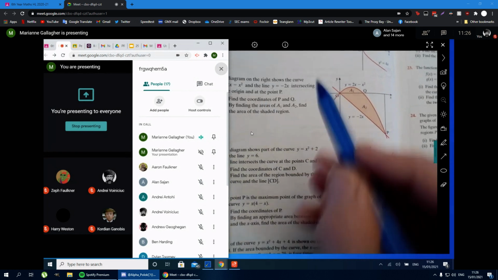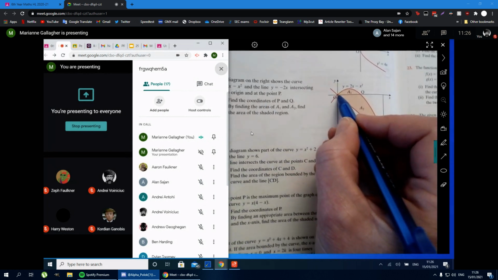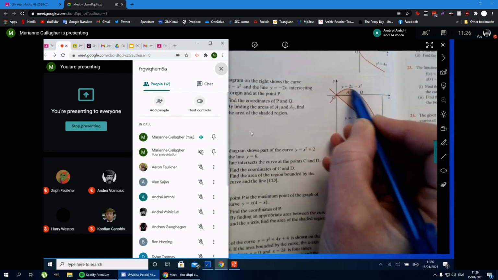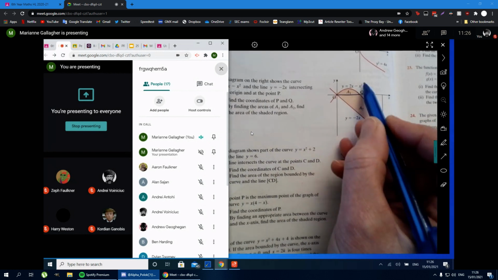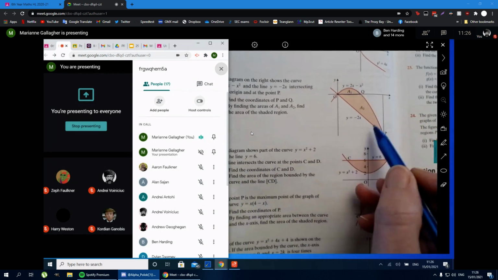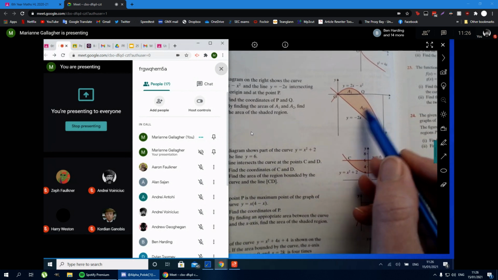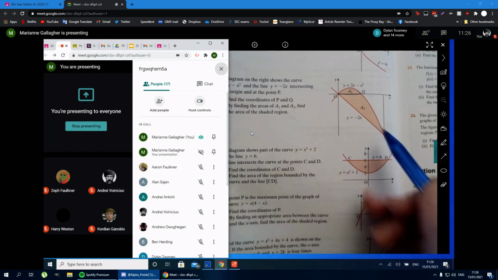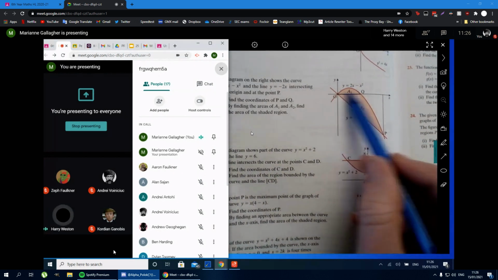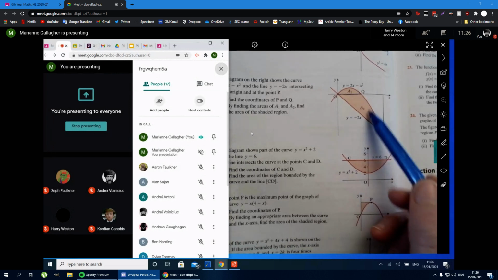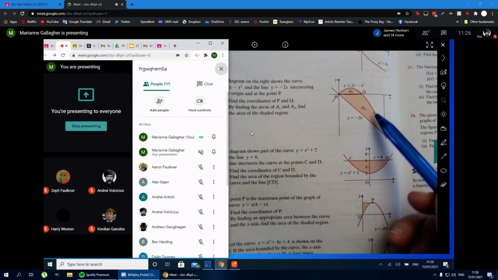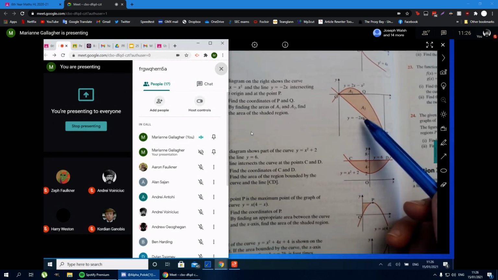To find A1, you're only worried about the red curve here. So you're just doing a normal integration of this line from here to here. Then when you go below the axis, you're getting the difference between them. Does that make sense? Yeah. Okay, so do A1 normally with one curve, but then the second one is going to be one minus the other. It doesn't really matter which one you do minus the other, because below the line, when you work it out, you're just going to make it positive anyway.